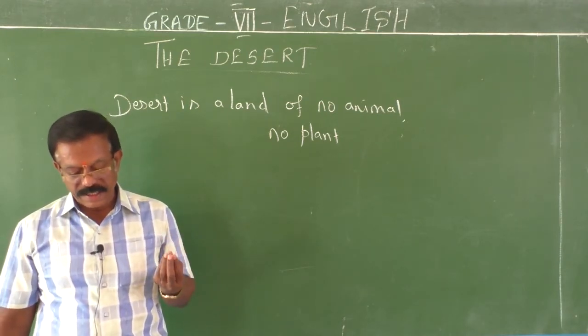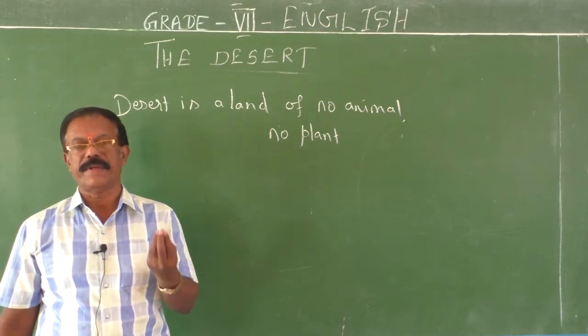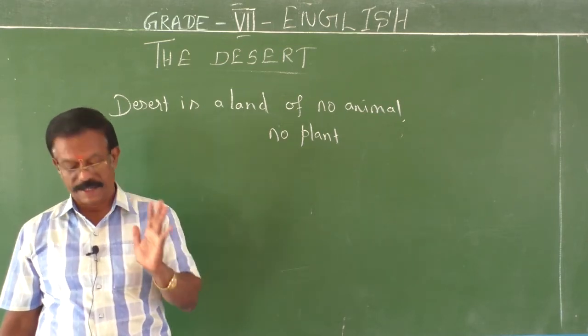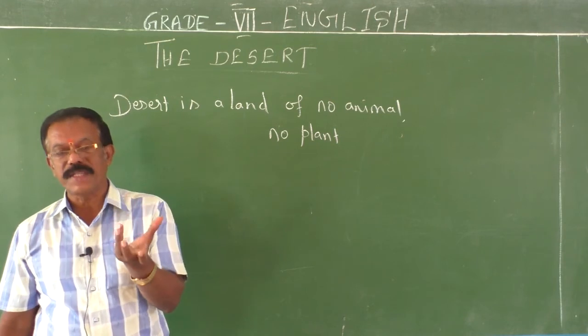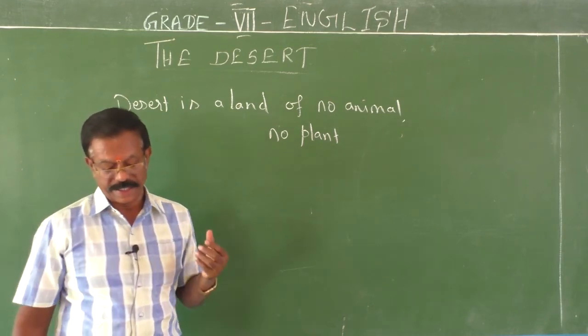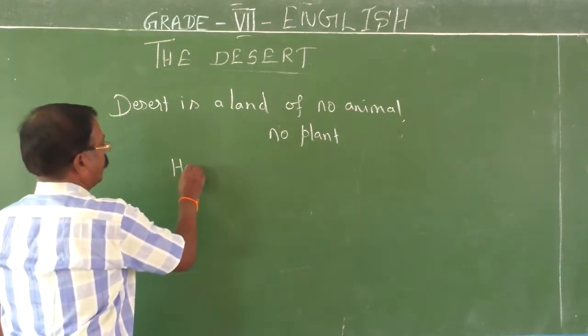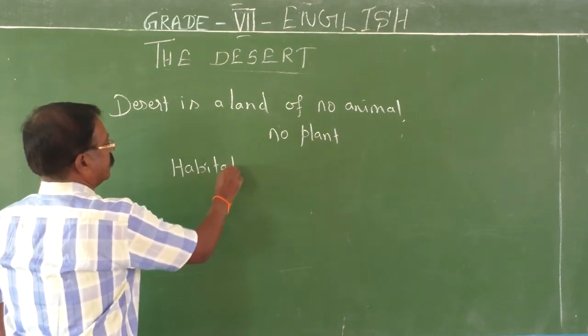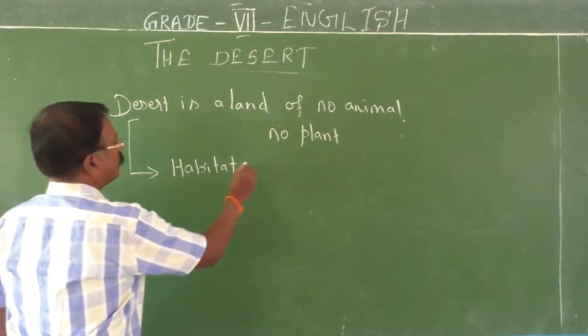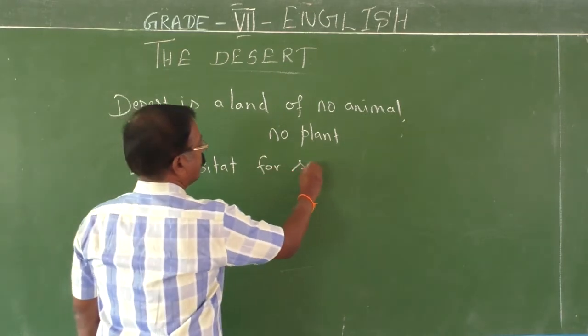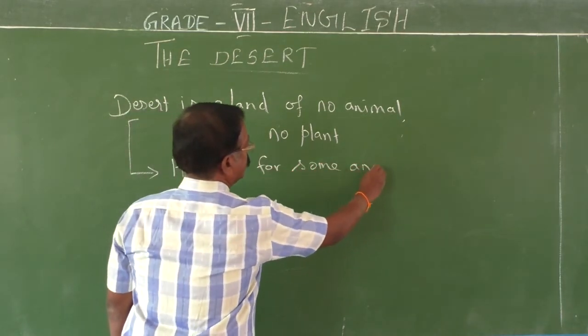Deserts are an important habitat for many species of animals. Some rare species of plants are also found in the desert. The desert is an important habitat for some animals.